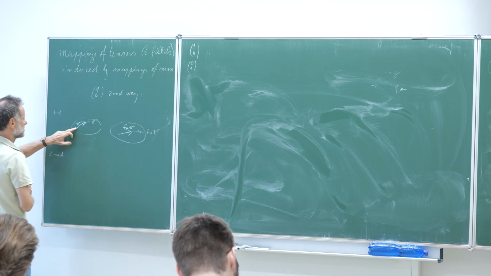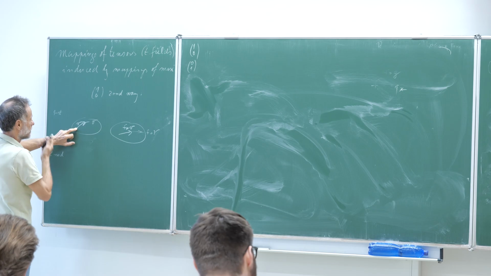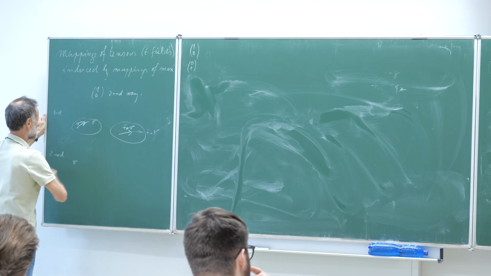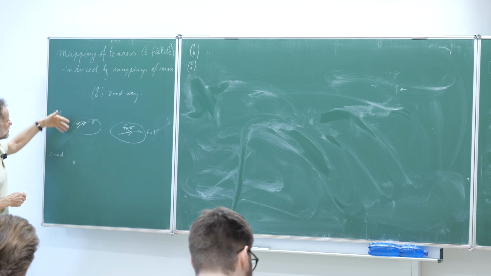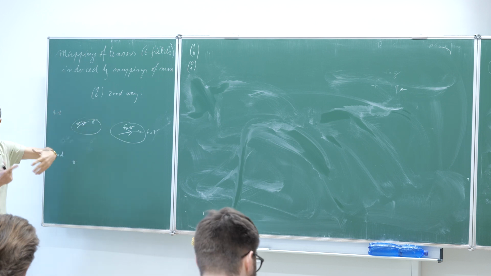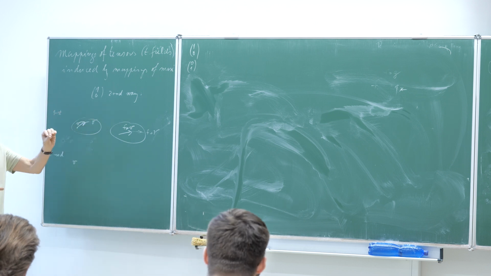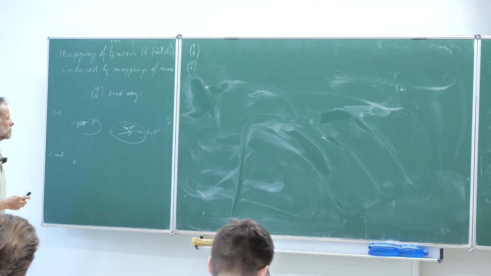So, if we have this vector, we need to say what it gives on some function. If it is applied on some function, it should give you some number, because it is a derivation which gives you a number.